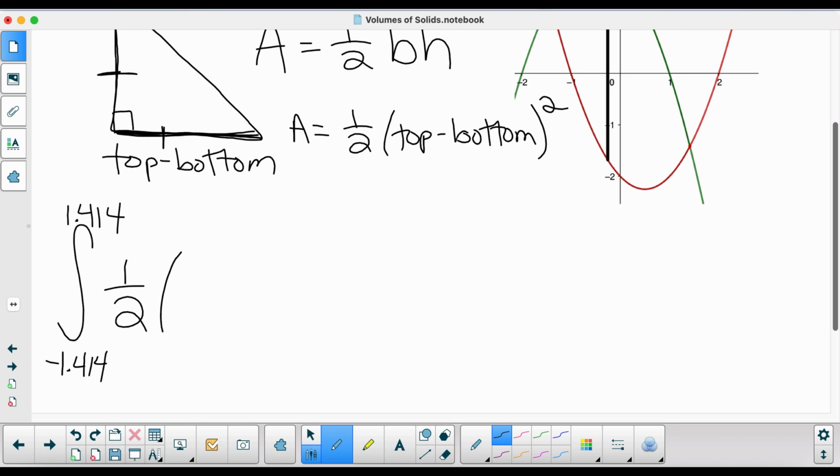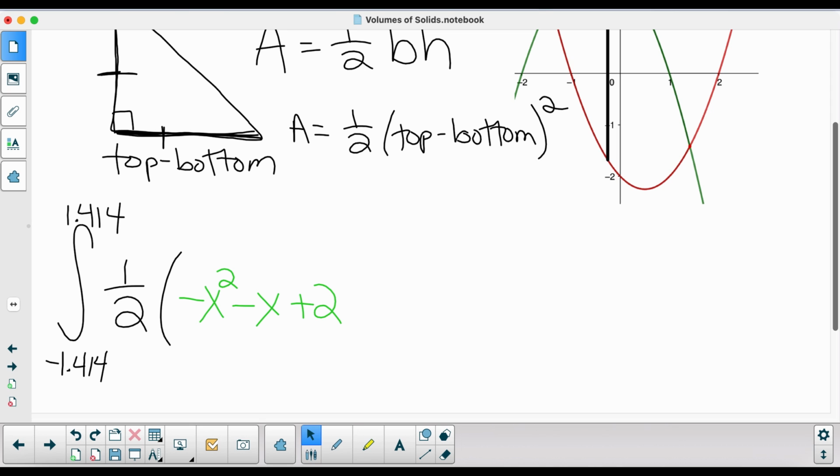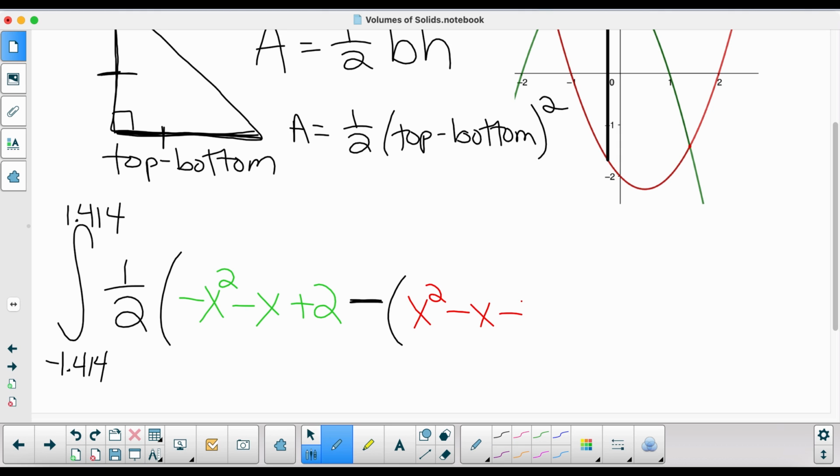1/2 our top function, negative x squared minus x plus 2, minus, and I'm going to do another parenthesis because that minus has to distribute through to that whole other function. That function is x squared minus x minus 2.